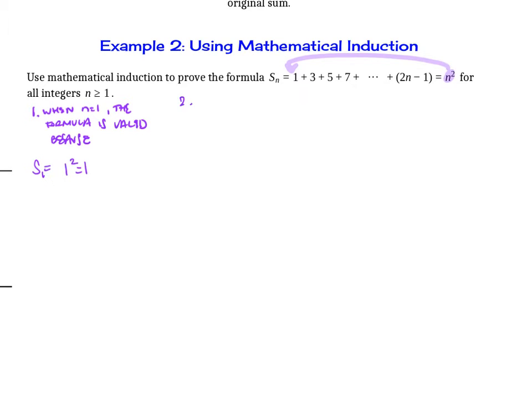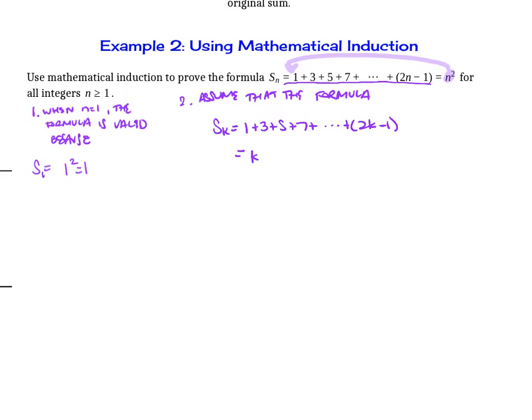So number 2, this is what we do next. We're going to assume that the formula s sub k equals this here, so we plug in k: 1 plus 3 plus 5 plus 7 plus dot, dot, dot, plus 2k minus 1 equals k squared.